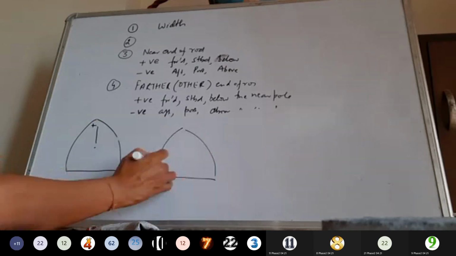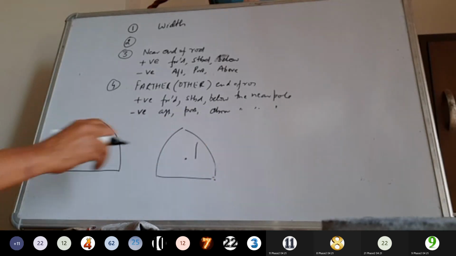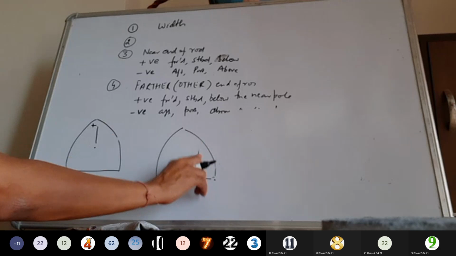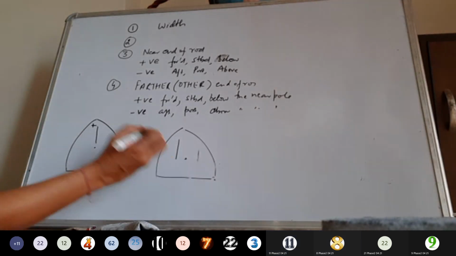If I show something like this, or let me show like this. So in this case, the other pole is positive or negative? Negative. Because... Positive. And what about this?